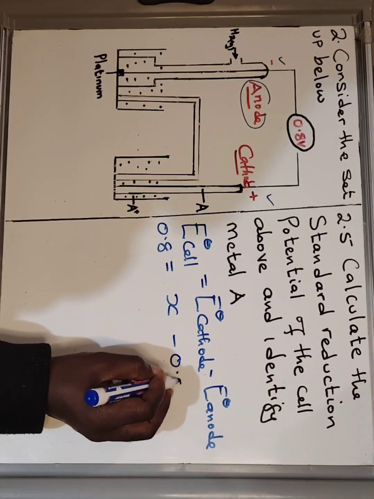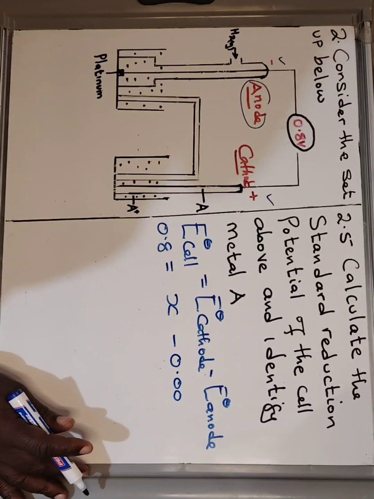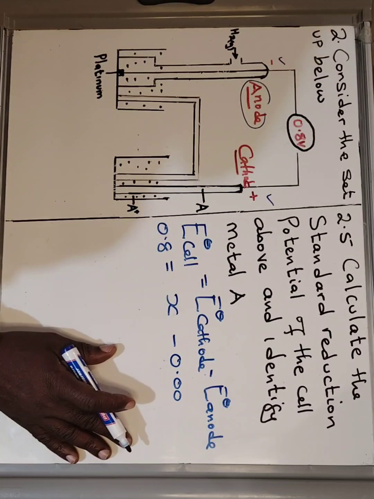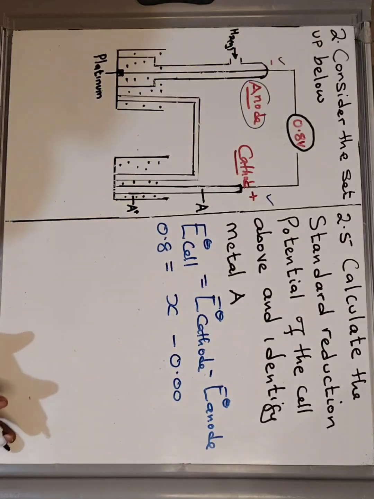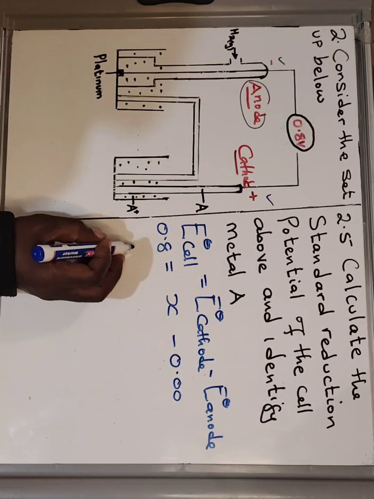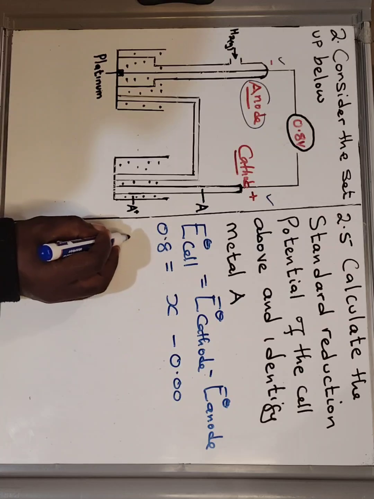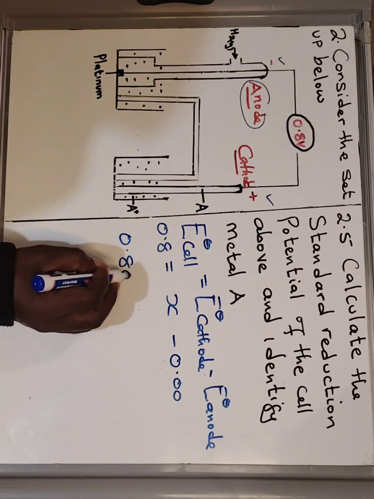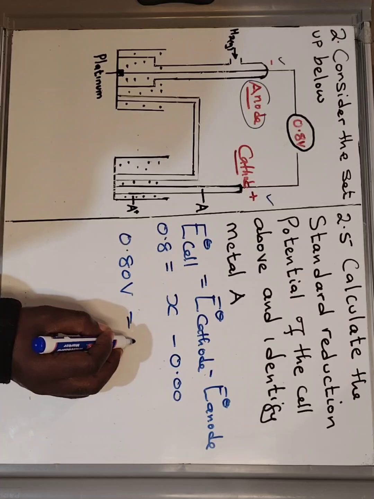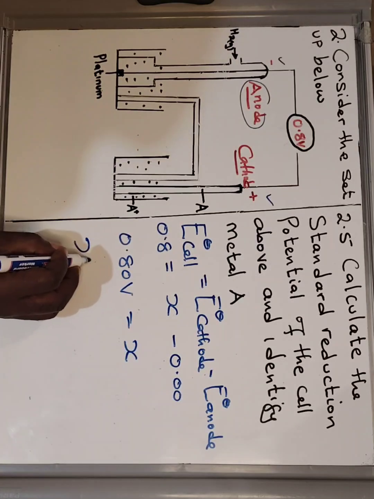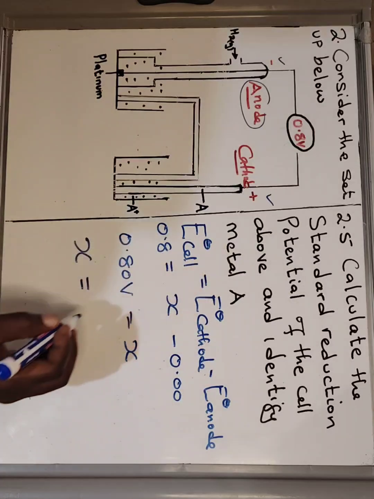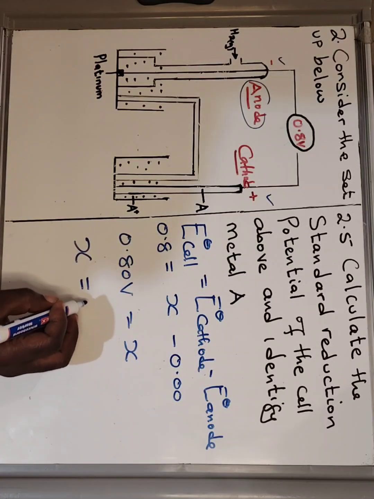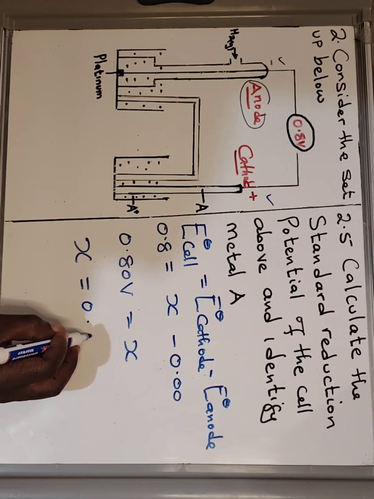So it has 0.00 voltage. So with this in place, we can proceed and compute our X, the unknown, the A. So it is apparent here that 0.80 volts is what X is. Or we can put it better, that X has a standard reduction potential of 0.80.